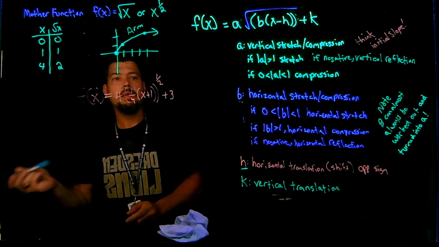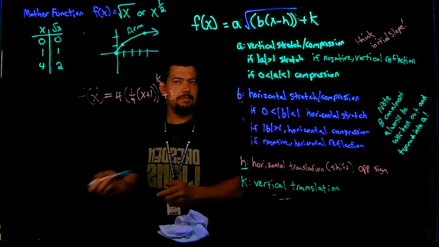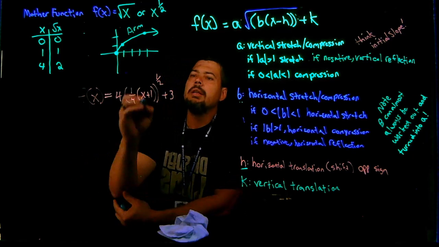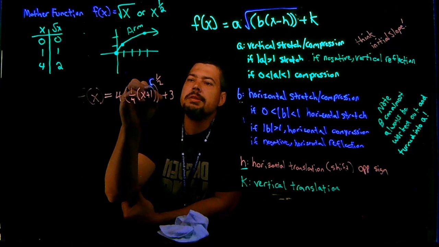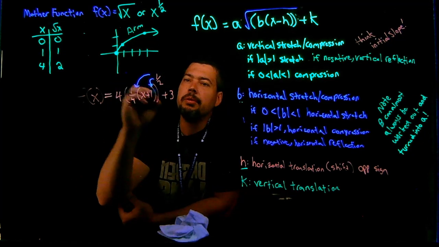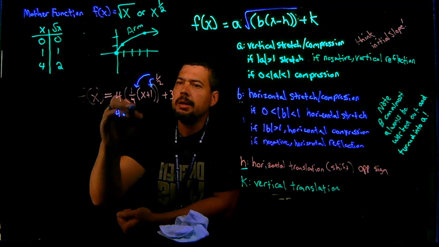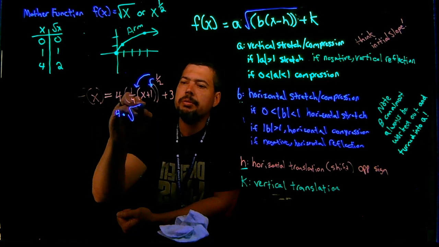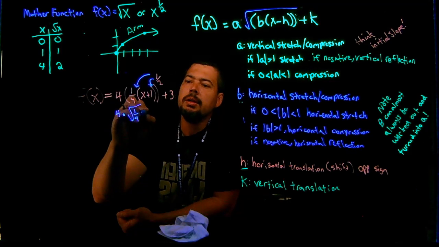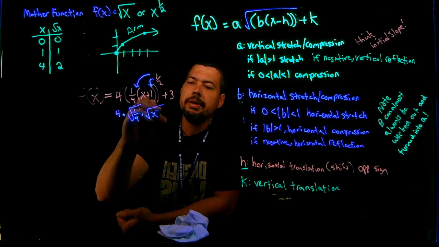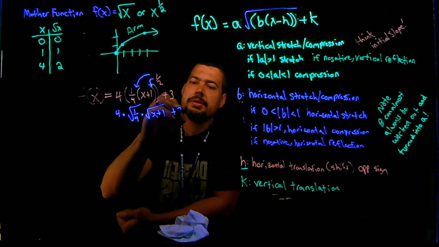And I know how that makes kids feel about things. You are allowed to, in essence, distribute that 1/2 power to both terms. I'm going to do a rewrite for you here. So we have 4 times the 1/2 power is the square root of a quarter times the square root of x plus 1, and then plus 3.